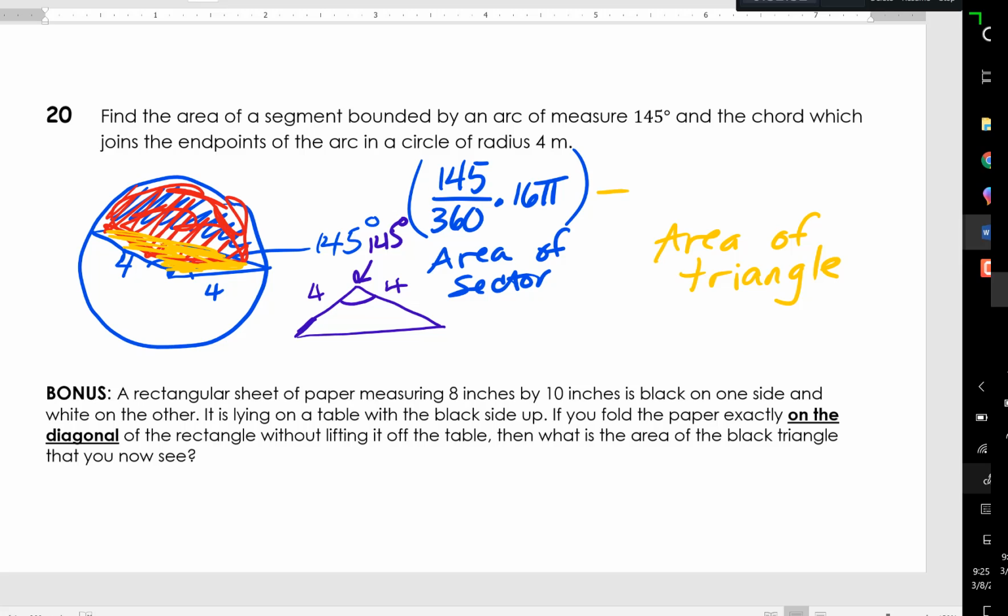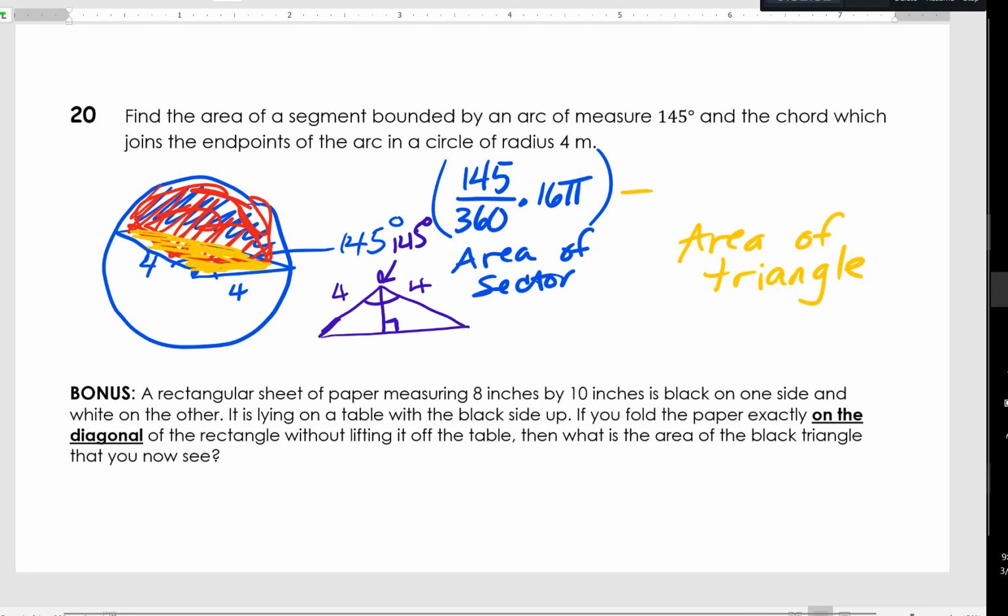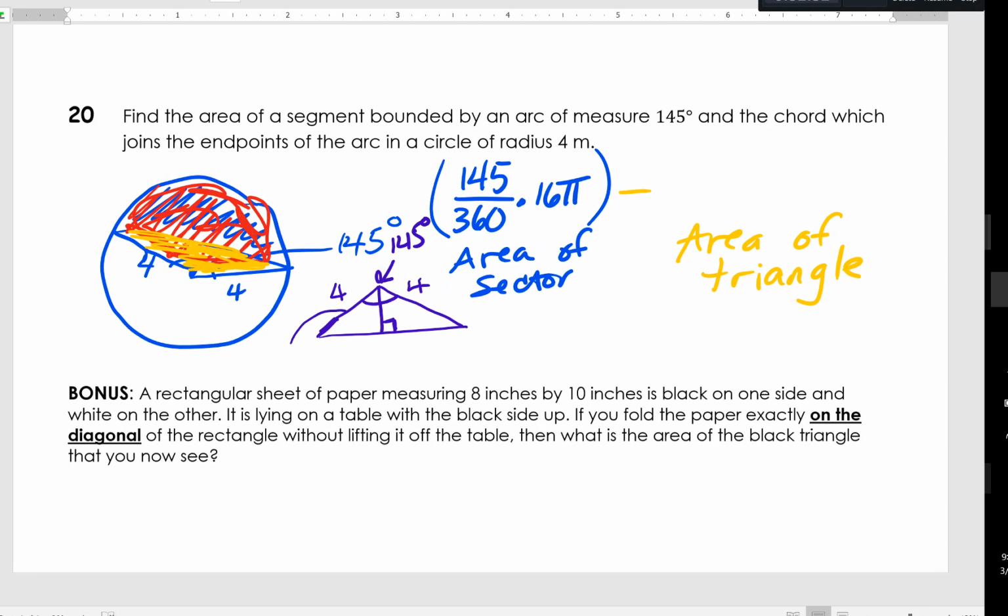So to find the area of that triangle, you can drop an altitude, and that's going to split the 145 in half, because this is an isosceles triangle. So this angle now is 145 over 2, which is 72.5 degrees.